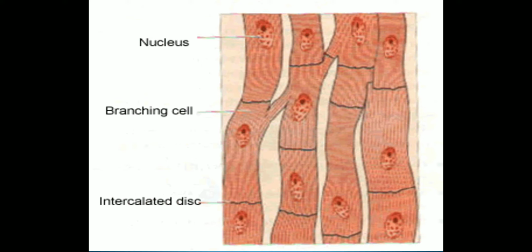Hence, uninucleate muscle fibers appear to be multinucleate, and we know that the multinucleated character is for striated. Here adjacent muscle fibers are joined together to give a branched appearance to the tissue. Actually, the muscles are uninucleate, but they appear as if they are multinucleated.